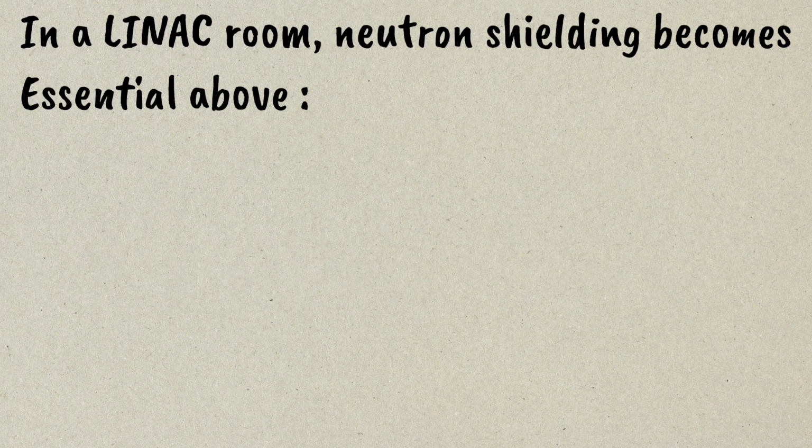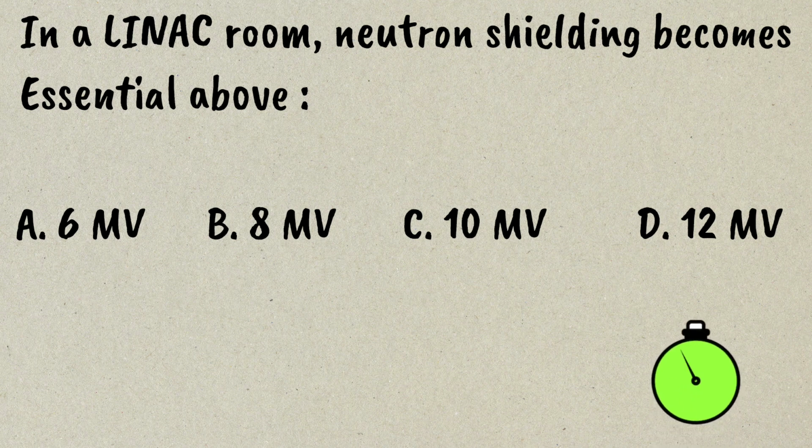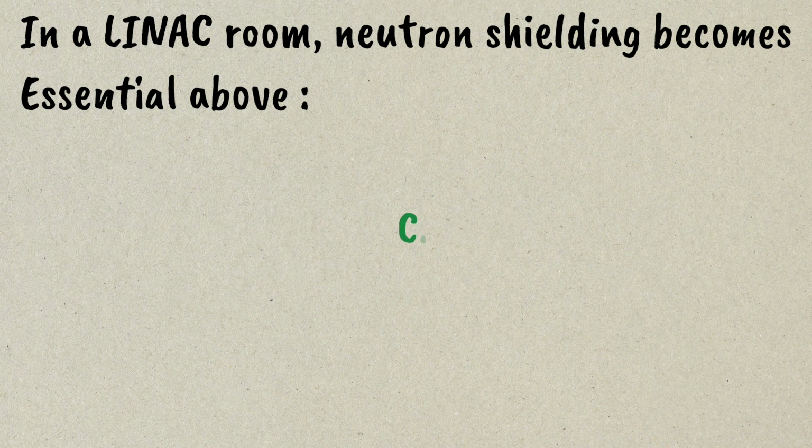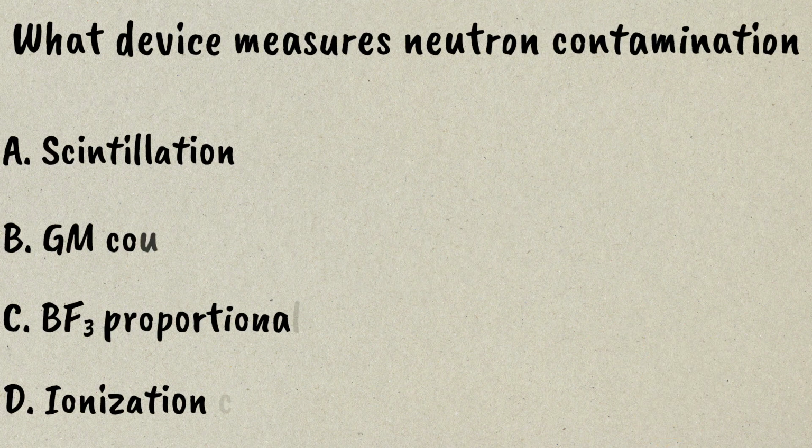In a LINAC room, neutron shielding becomes essential above. What device measures neutron contamination?